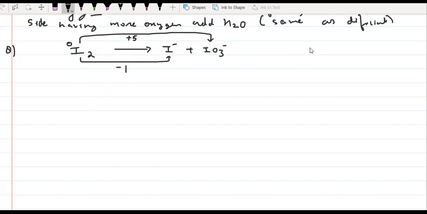Now tell me, what is the total electron exchanged? Think about it. Losing 5 and gaining 1, the total electron exchange is how much?